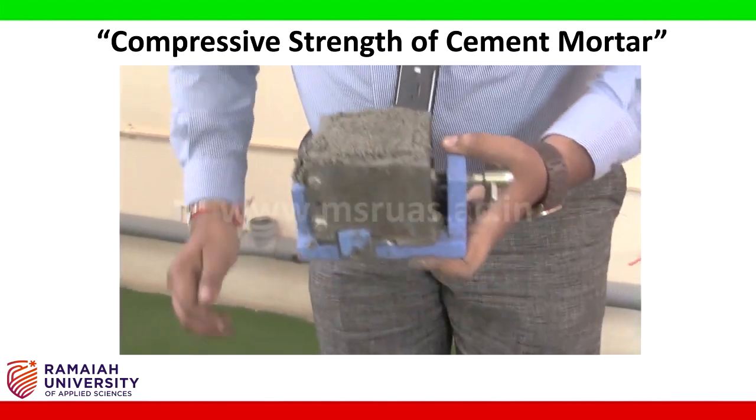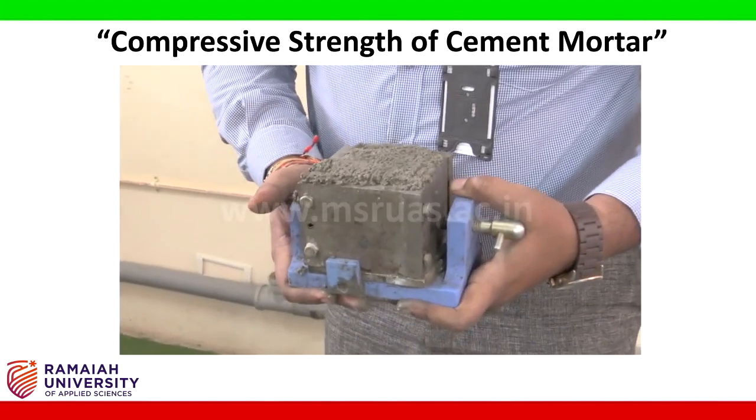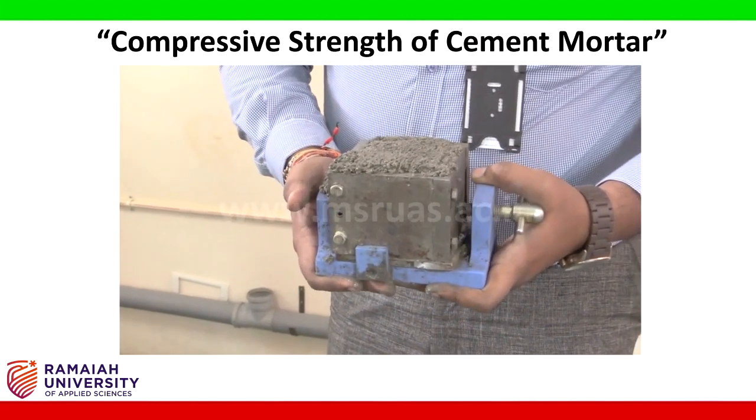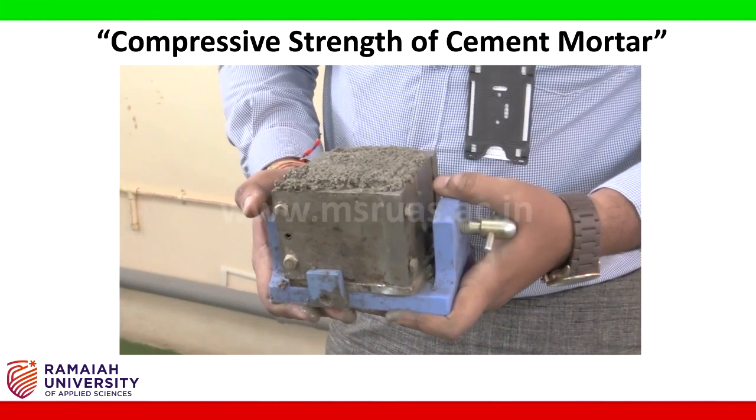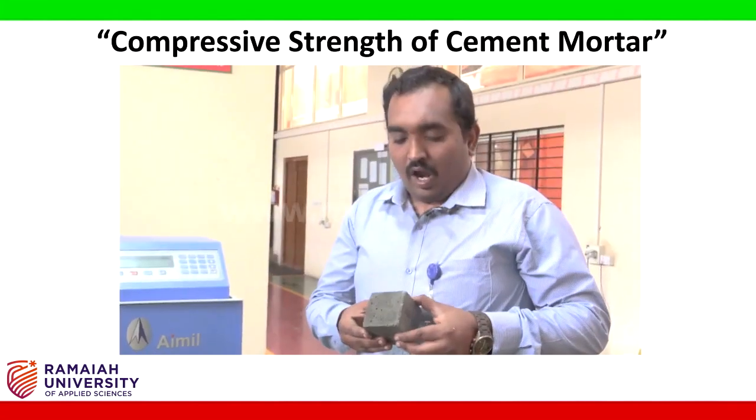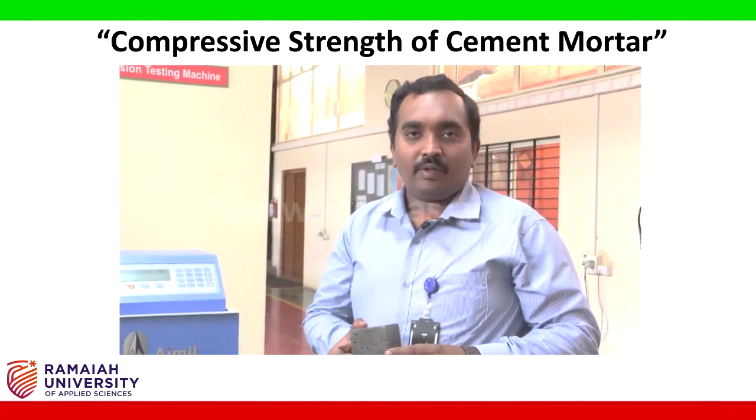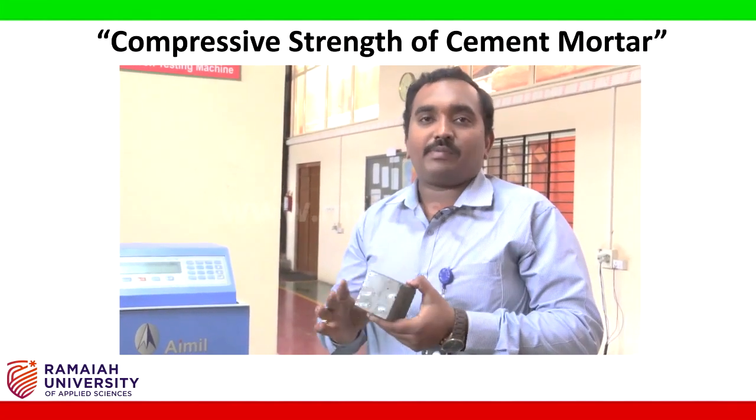So what I'll do is scoop the top surface, keep it in air for 24 hours, then keep it in curing for 28 days. After curing it for 28 days, what you are going to get is a hardened specimen like this.